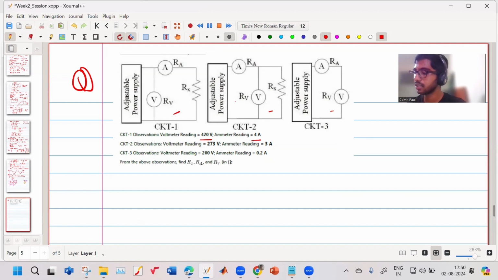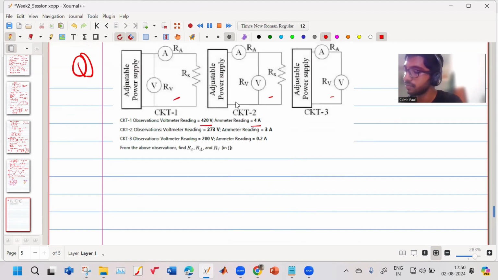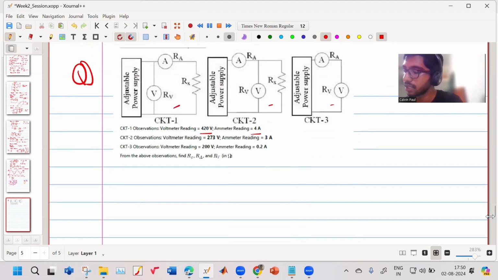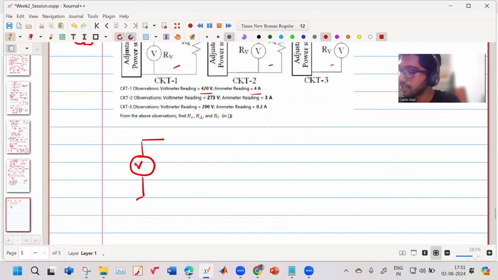So let us consider circuit 1. We will replace circuit 1 as V. This is your voltmeter, it has its own internal resistance RV.